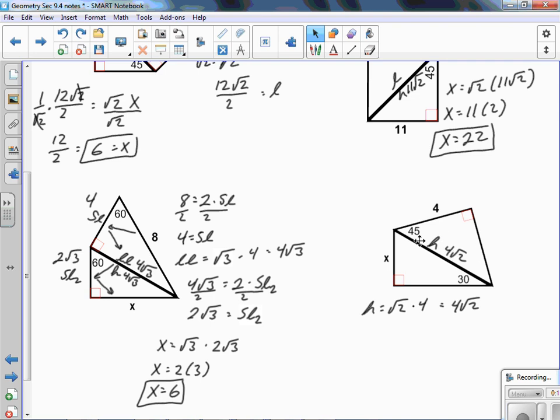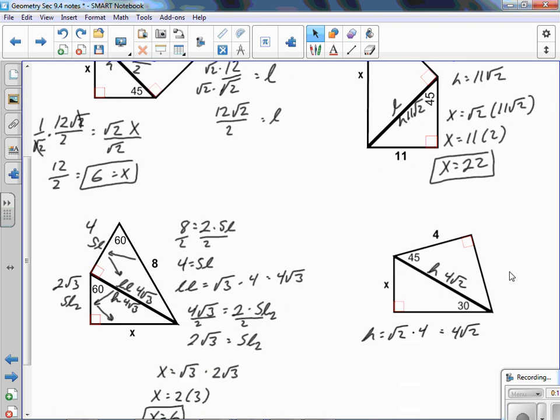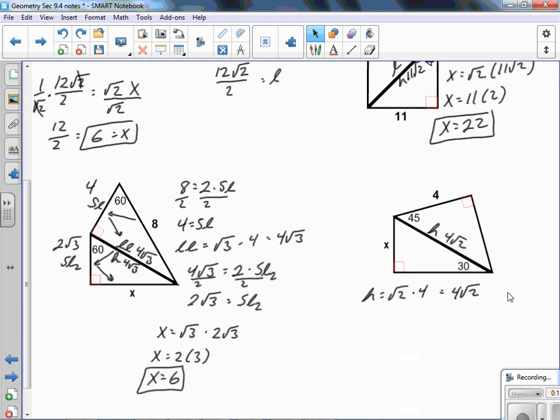Now we've got to go from the hypotenuse of the 30-60-90 to the short leg. Hypotenuse is 2 times the short leg. So the hypotenuse, 4 square roots of 2, is equal to 2 times the short leg, which is x. Divide by 2. We get 2 square roots of 2 for our x value.